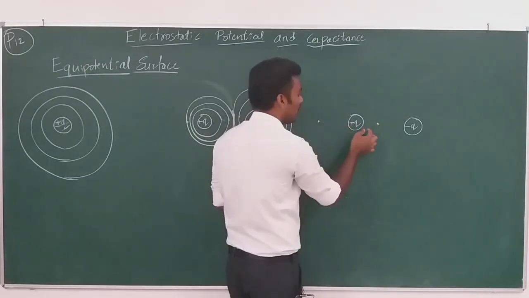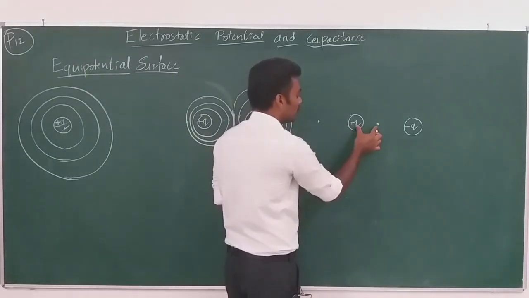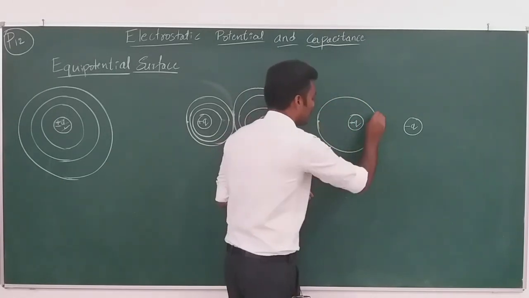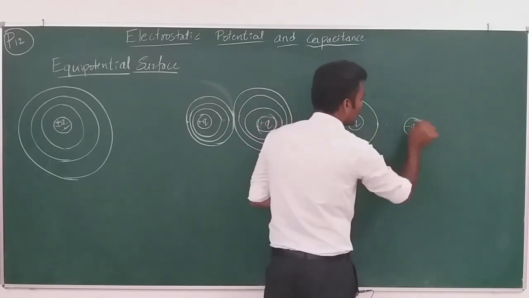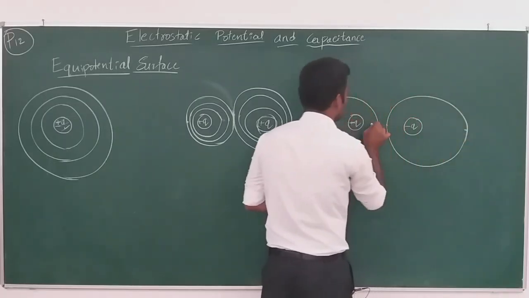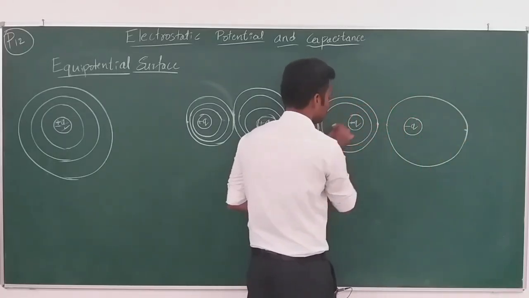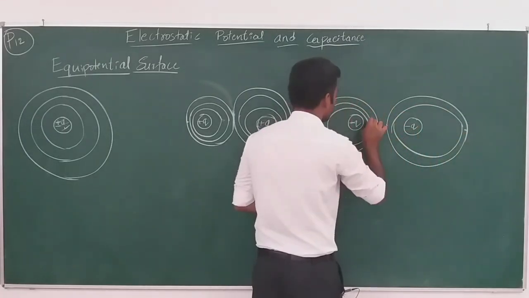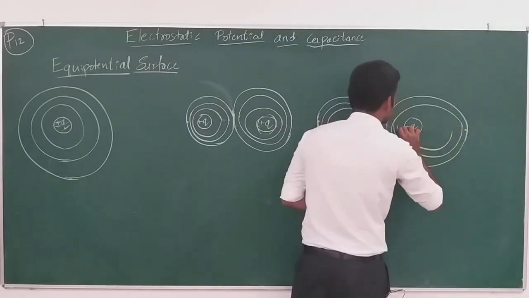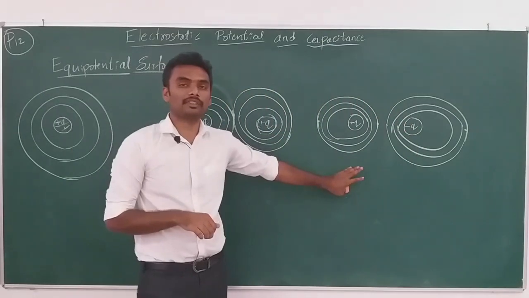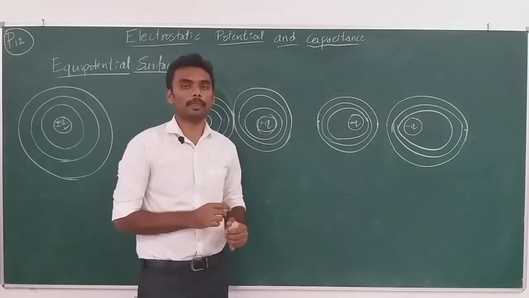Somewhere here I will have the same potentials due to the dipole. So now I can draw the equipotential surface. Similarly for the negative charge, this is how it looks.